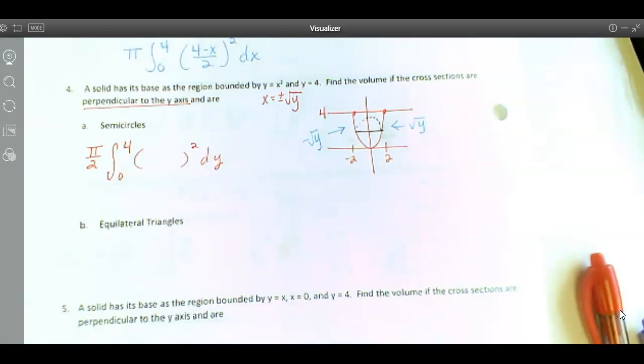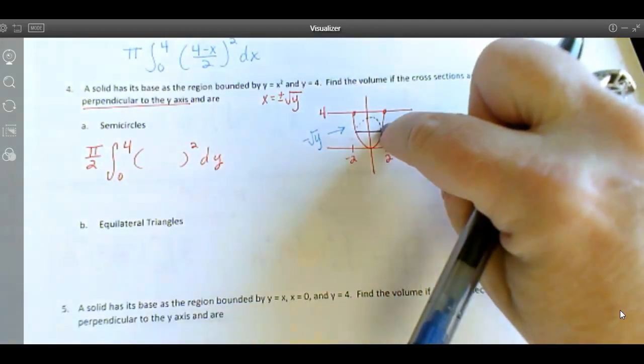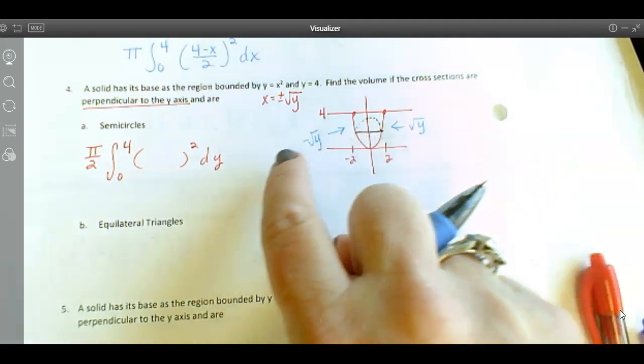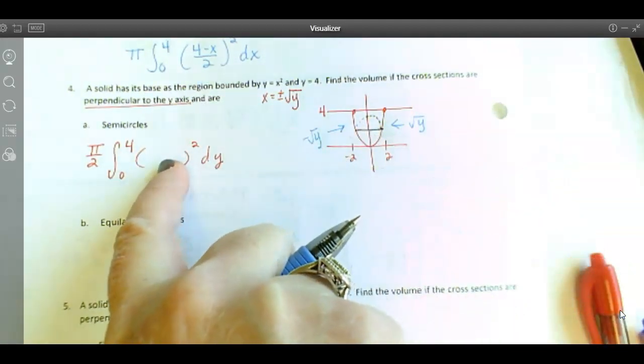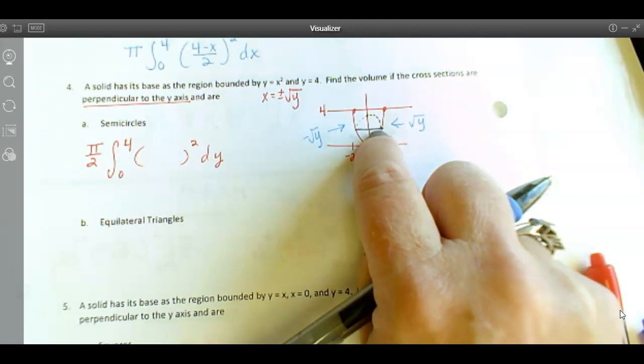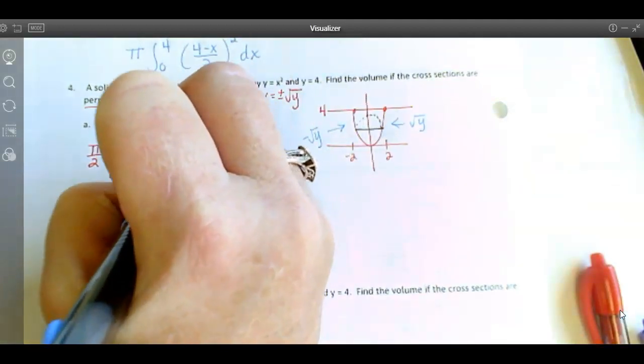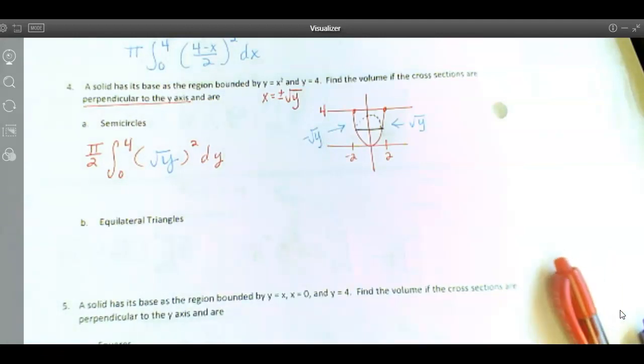So if I'm thinking about from where to where, I'm going to subtract that minus that to get the whole side. I don't really want the whole side, though. I really only want half the side because I need the radius. And so half of the side is just one of those. So that's square root of y that goes inside of there.